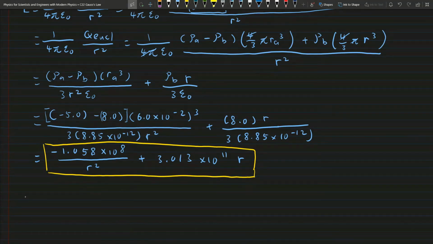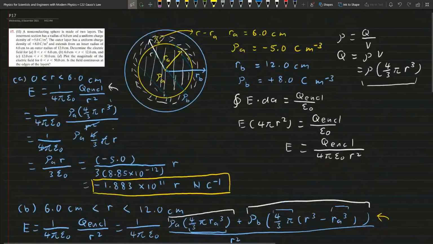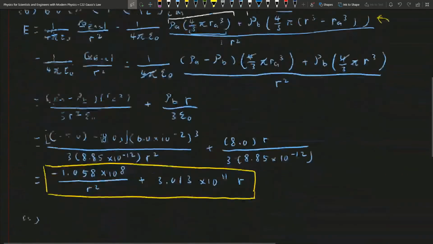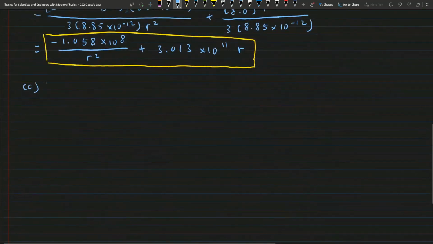Now we go to the C. This C is given the R is between the 12.0 cm and 50 cm.